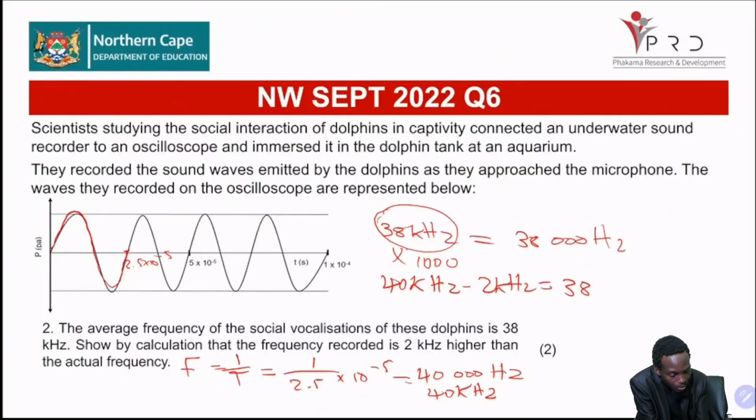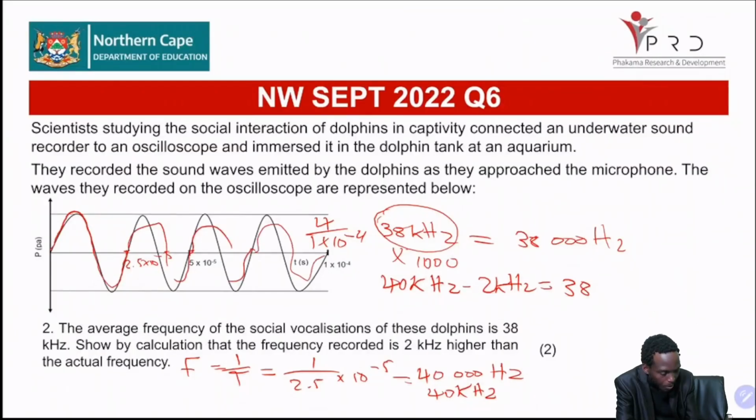Alternatively, you can count and say 1, 2, 3, 4, and instead of using this, you can easily say 4 over 1 times 10 to the power of negative 4, because this is the amount of waves you have. 1, 2, 3, 4. If you want to use this point, you'd count the number of waves you had, which is 1, 2. So for this one, it would be 2 over 5 times 10 to the power negative 5. They all give you the same answer.